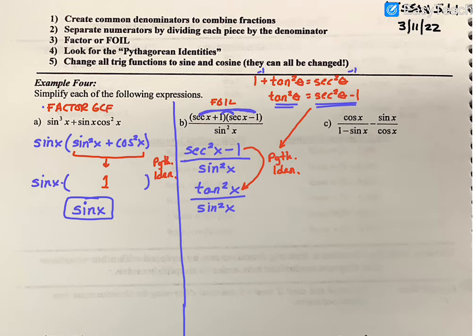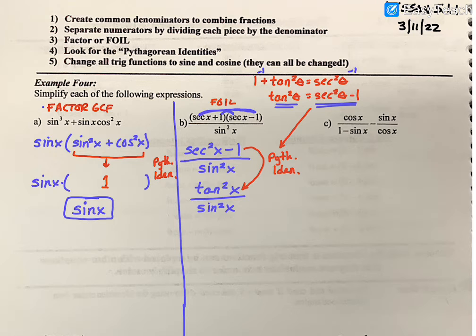Now I have tangent squared x divided by sine squared x. There's a couple different ways to think here. I would maybe suggest we try a new thing. Again, we can't really separate or combine fractions.